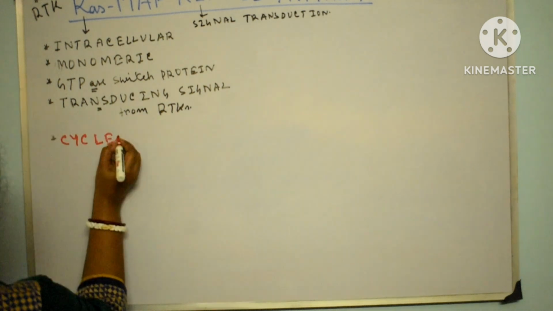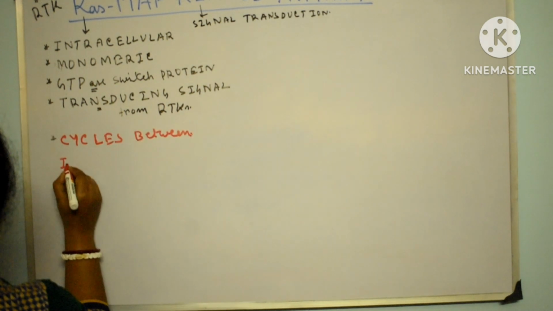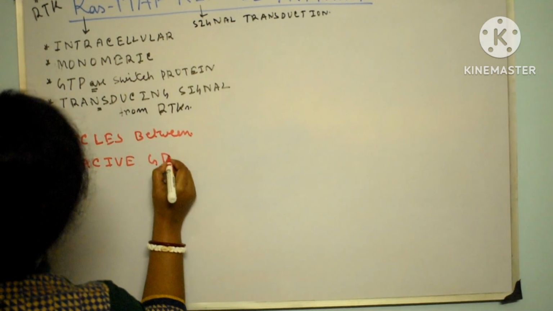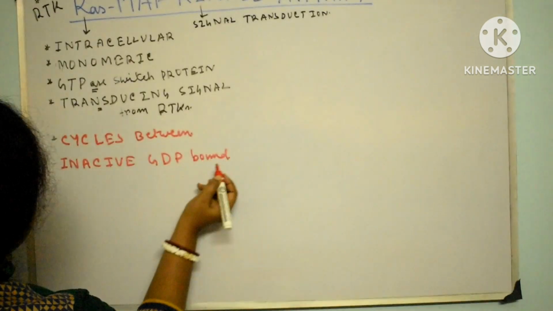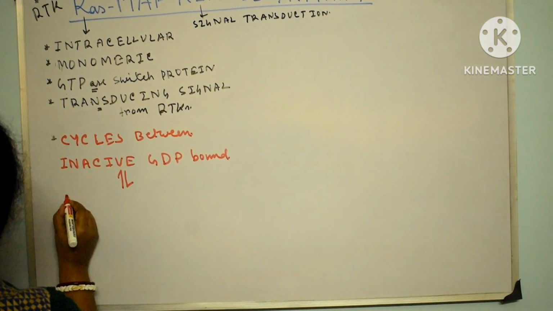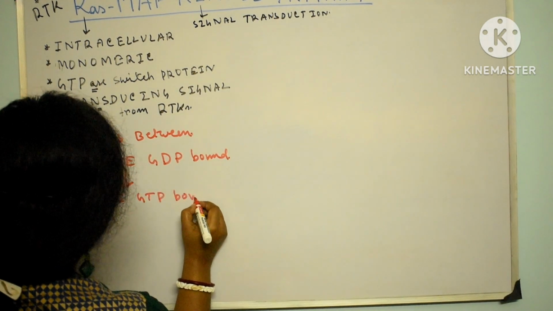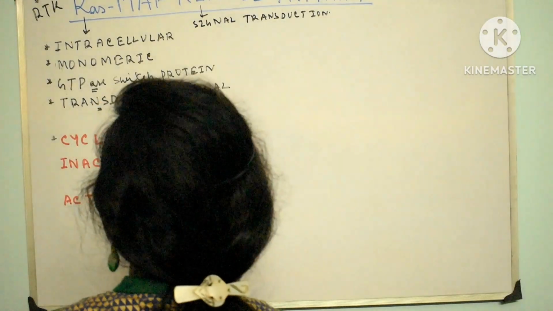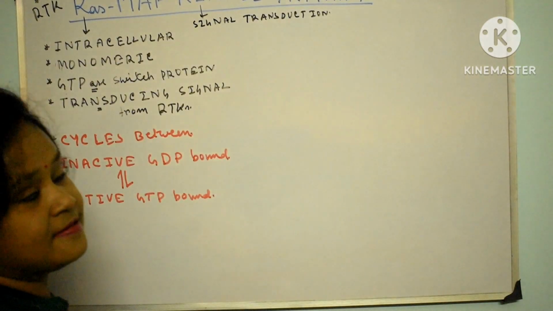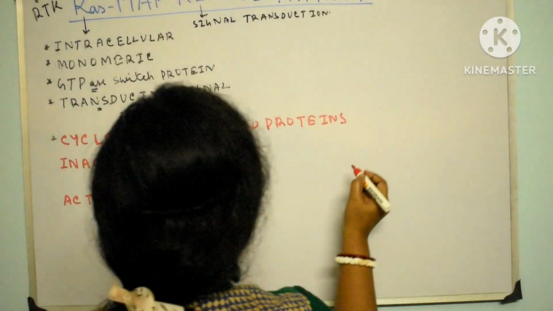So Ras cycles between the inactive GDP bound form and the active GTP bound form. This Ras cycling requires two proteins, GEF and GAP.